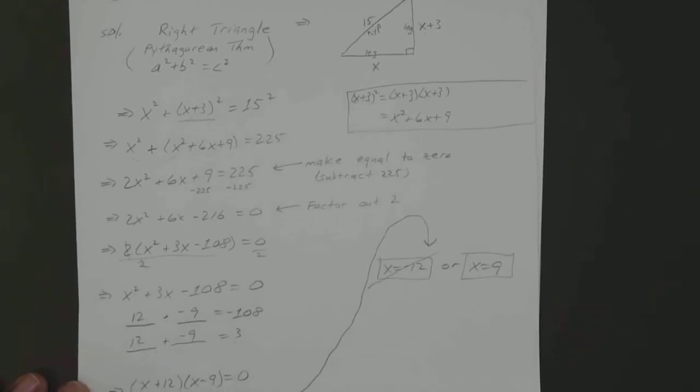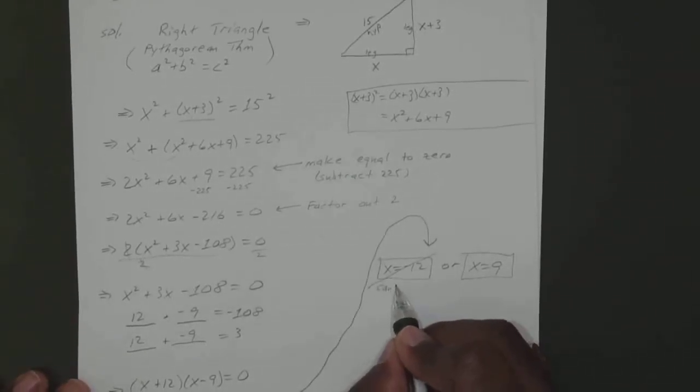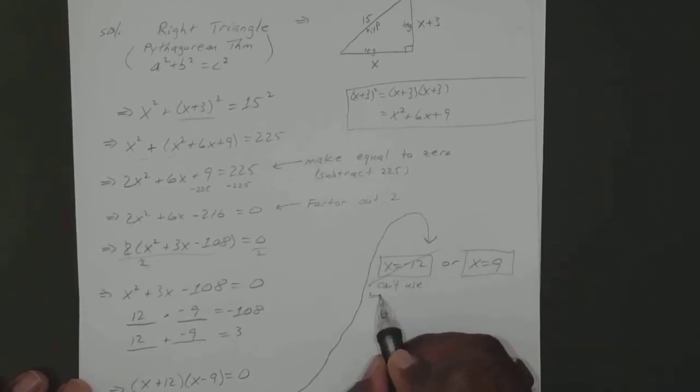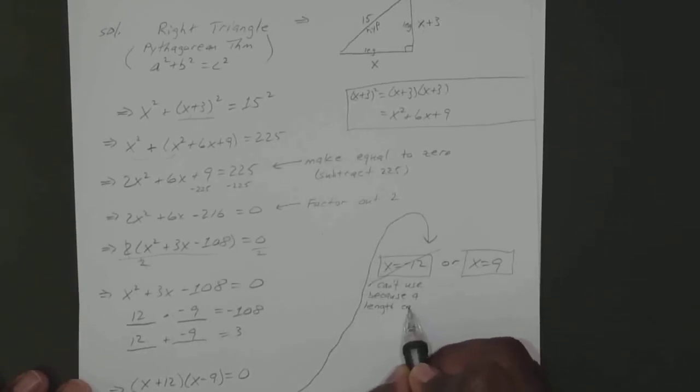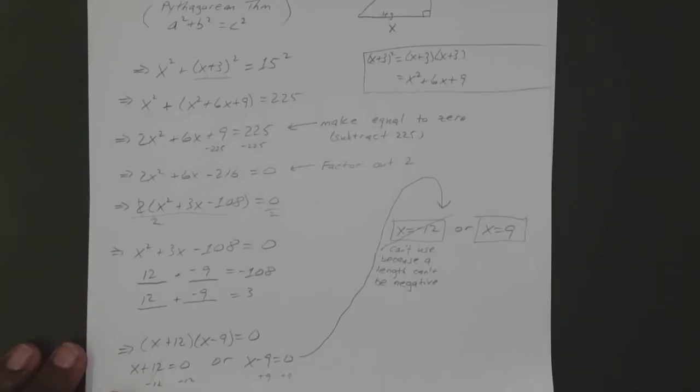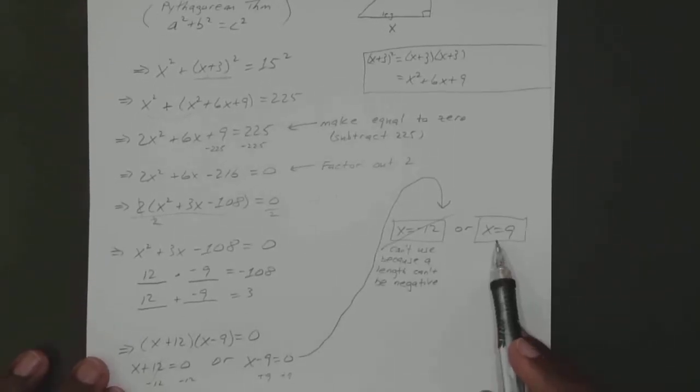So this, you can't even use, because a length can't be negative. Okay. Does that make sense? All right. But we can use this one.